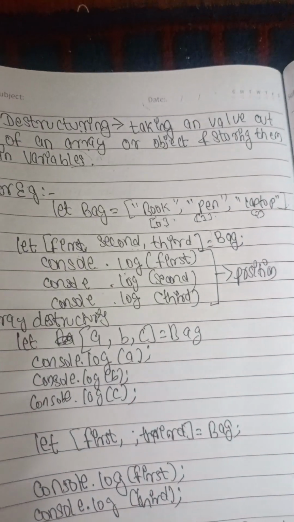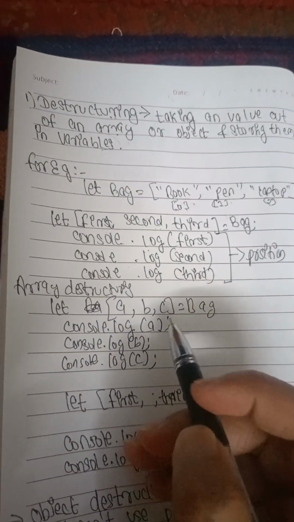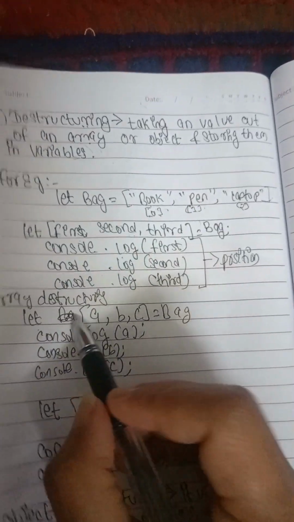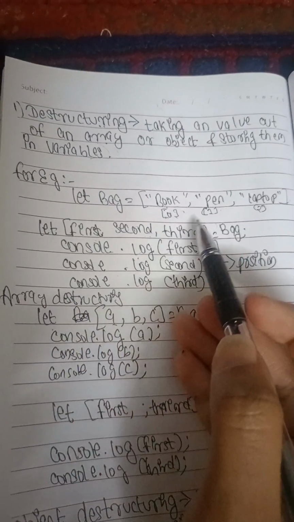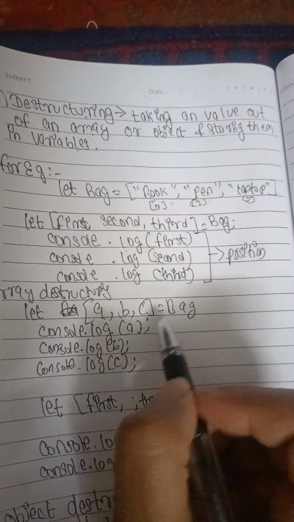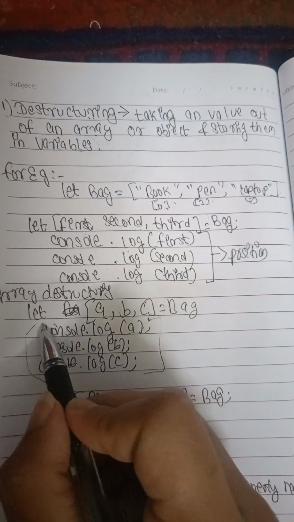We have array destructuring. In array destructuring, for example, I have taken the same example. I have the bag: book is A, pen is B, laptop is C, right? And this is how I am going to print our values.